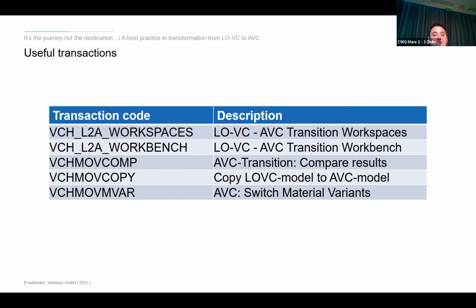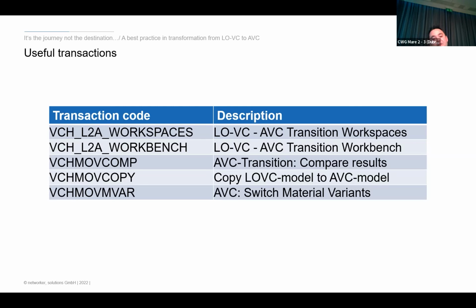Here you have an overview of the transaction codes that I'm using or that SAP is providing for the transformation. You have your transition workspace, which you need to create. Then you're working completely from the transition workbench, and at the end of the day, you can do almost everything from the transition workbench. You can check your product models. You can create your copies from there.